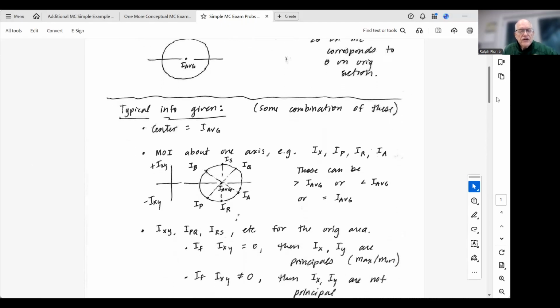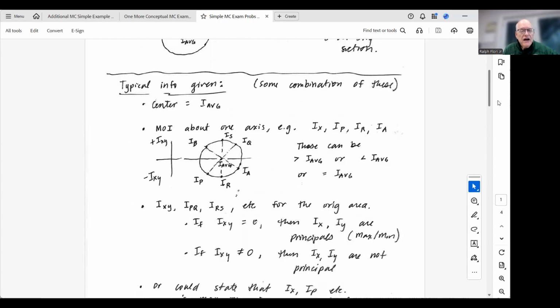Typically, you're given some combination of information. You might be given a center, which is I average. It may give you the moment of inertia about one axis, some IX, some IP, some IR, some IA, and that number can be greater than I average, which means it's on the right-hand side of the circle.